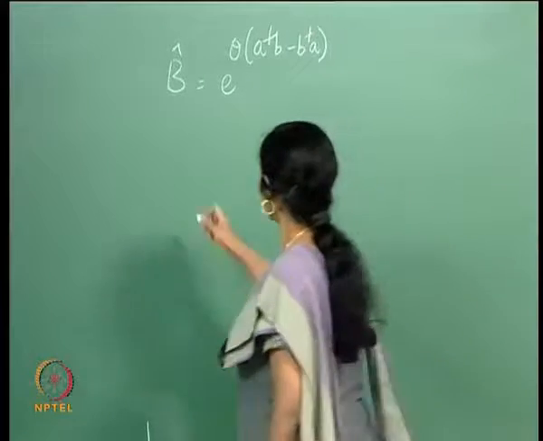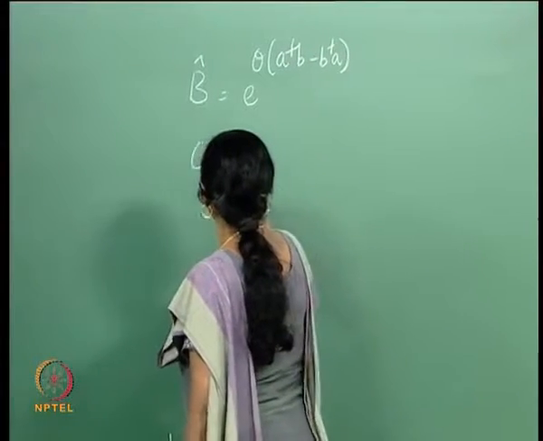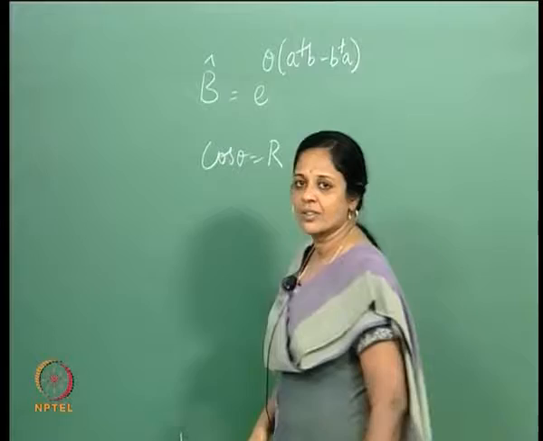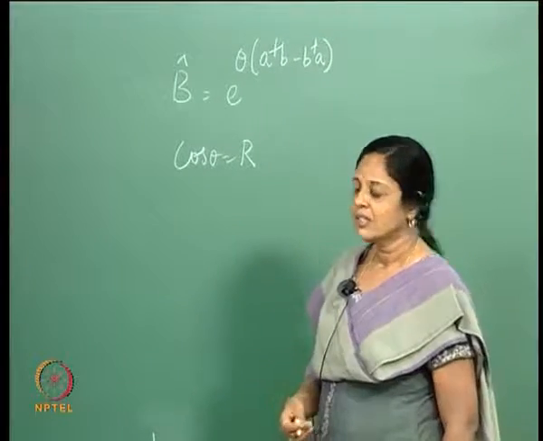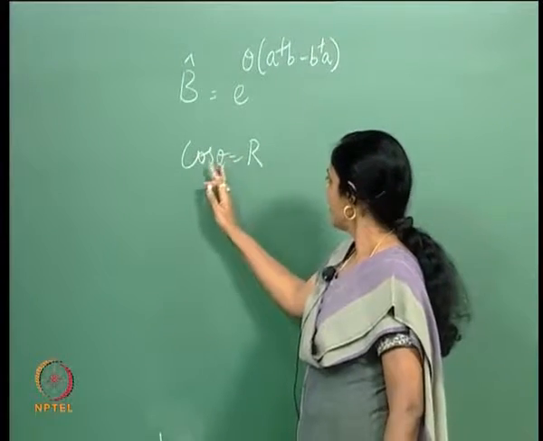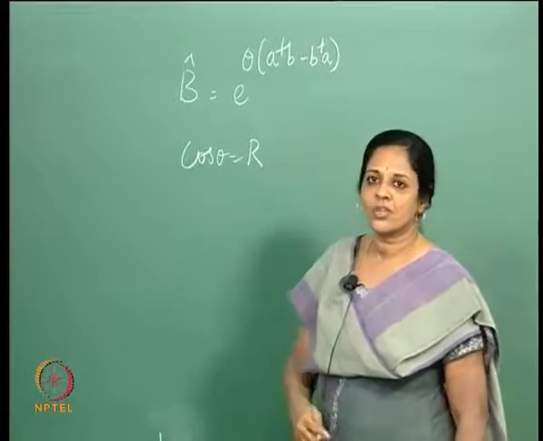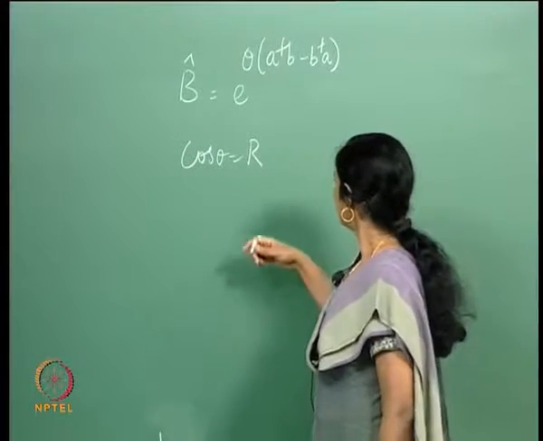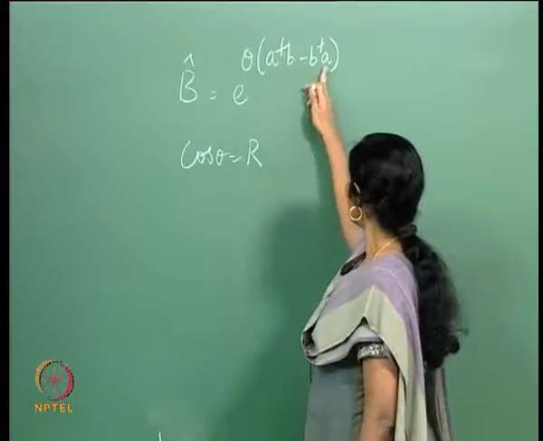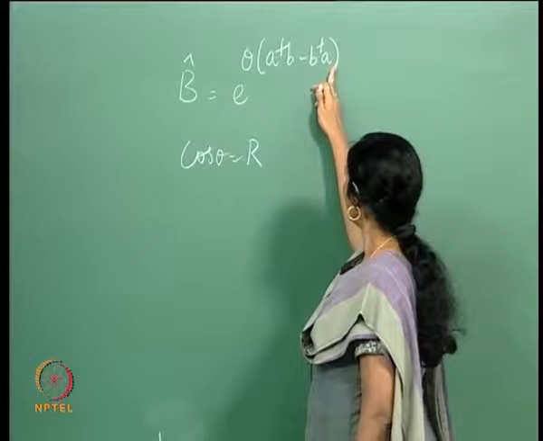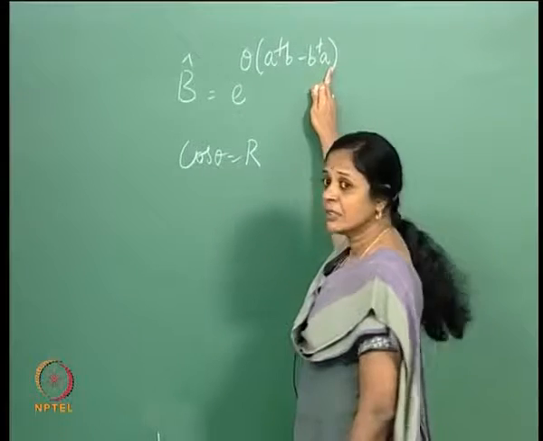Normally, we associate cos theta with the extent of reflection, which I call R. So the extent of partial reflection, R, is simply denoted by cos theta. Notice that A dagger B minus B dagger A is anti-Hermitian.